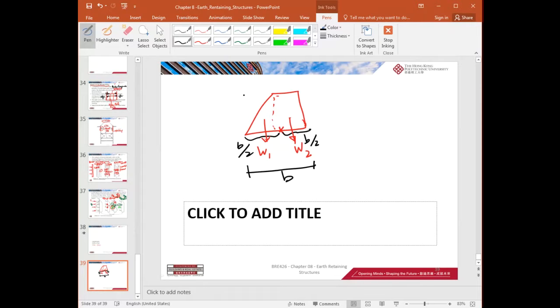Now, if that is the D1 and that's the D2, now can you tell me when you take moment about the center of the base, can you work out what's the distance here? L1. What's the L1?